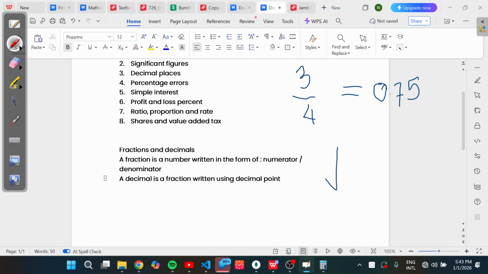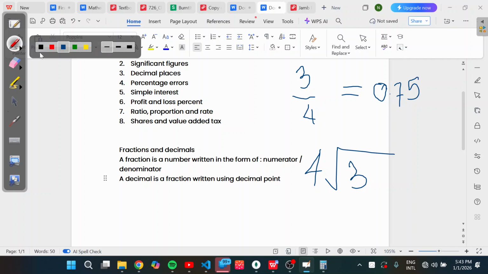Let's do something like this. We'll have the denominator here and the numerator here. 4 in 3 is not possible, so we write 0. And since there's nothing we can do, we put a point here.